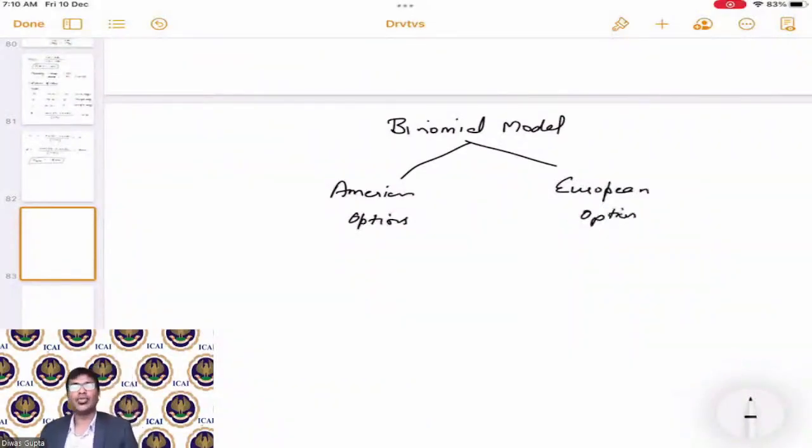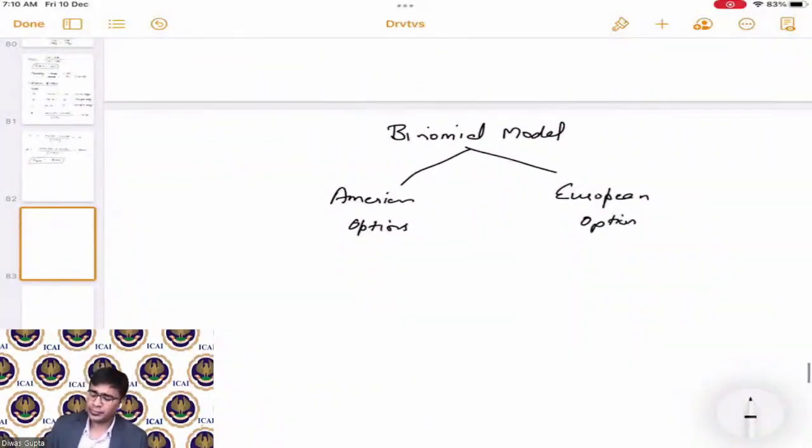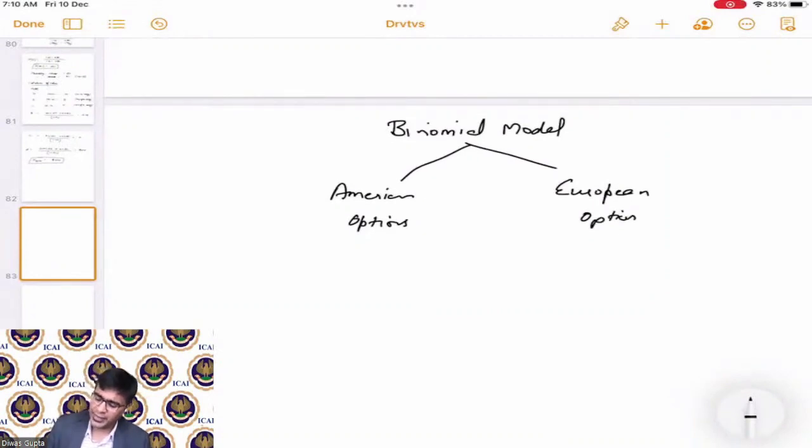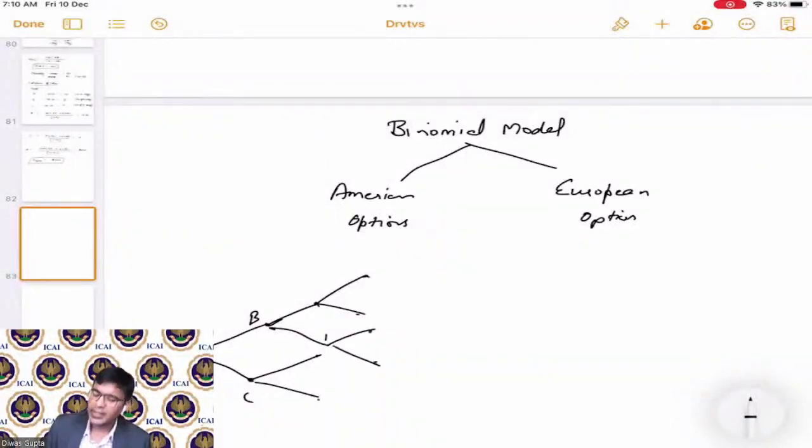Because in the last question, students, if you recall, we made a different tree. These were the different nodes A, B, C. Then from here also there were different nodes. Correct? And from here also it can be different nodes. It can go on for unlimited time. So this tree can be extended for a lot of time periods.